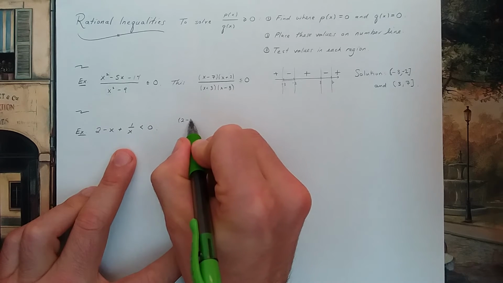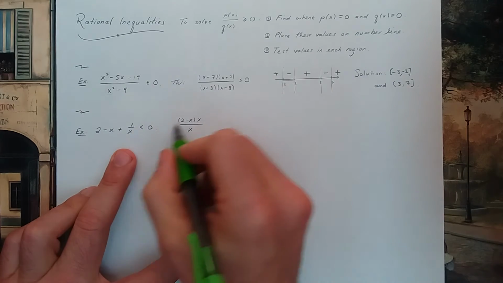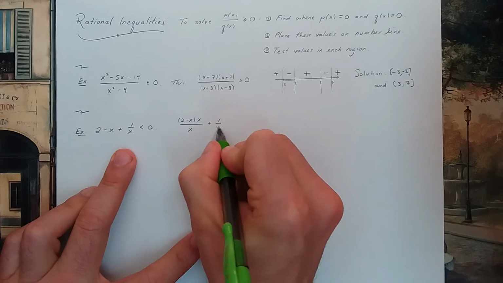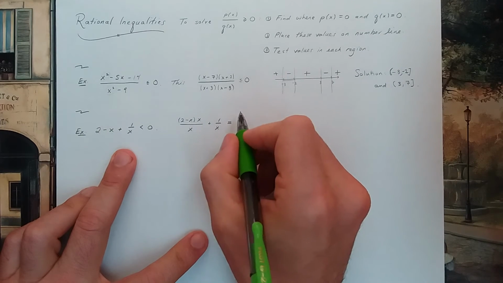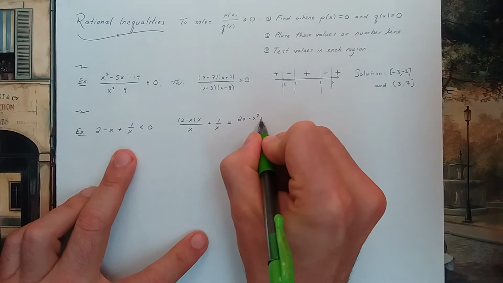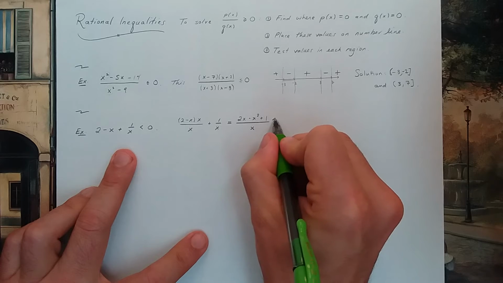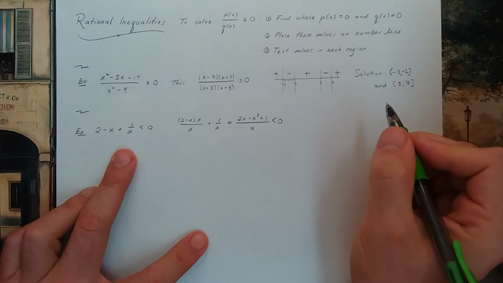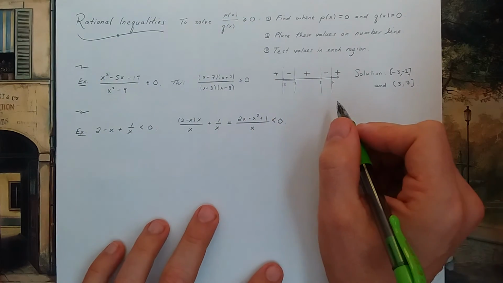So I'm going to have 2 minus x times x over x plus 1 over x. So I can add and I can find 2x minus x squared plus 1 all over x. I want to find where that's less than 0. Well, now I can follow through this process.